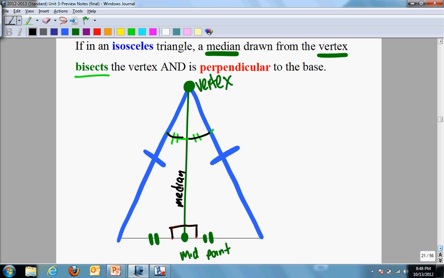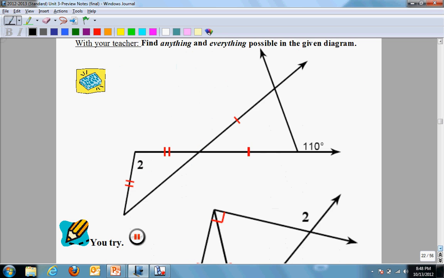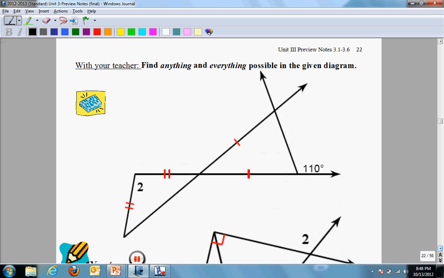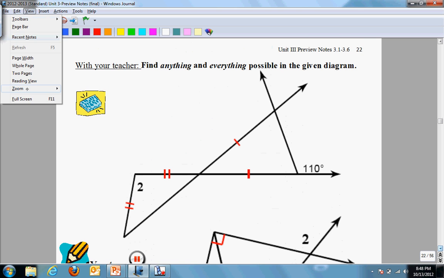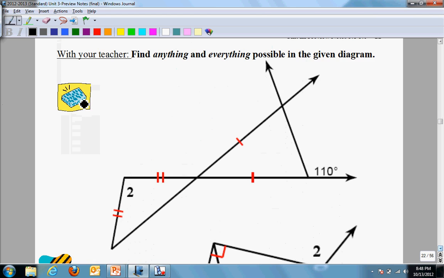Knowing these properties, let's take a problem together. In this diagram, let's note what two sides are equal and try to find everything that we can find. What I like to do first is identify what angles are equal.